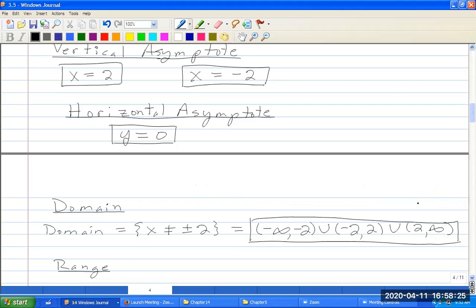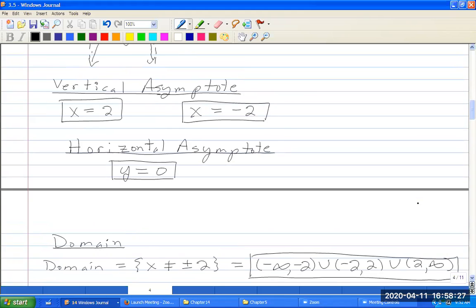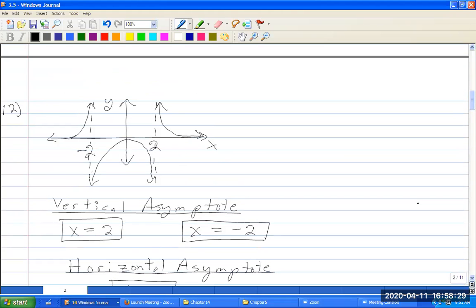But good question, right? Okay, so the range. In this case, the range are the y values. If I look here, we have a y value for each of these points, actually everywhere.